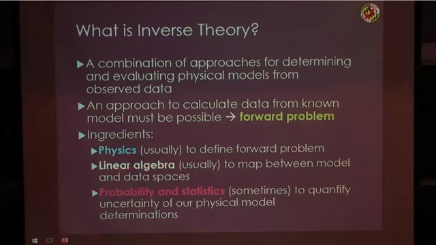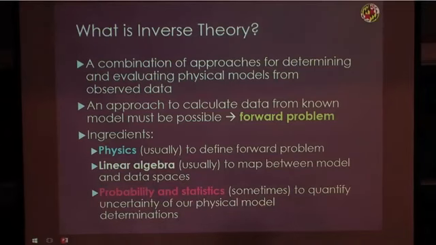We usually use linear algebra. Again, we don't have to. But what we use it for is to map between the model and the data domains. So I would like you to think of two planets. One planet is the model planet, and one planet is the data planet. And what we're interested in is going between these two planets in an efficient way, so that we don't die in between.